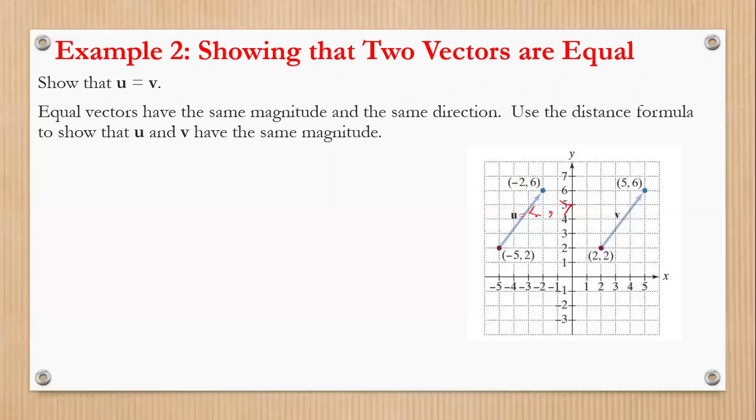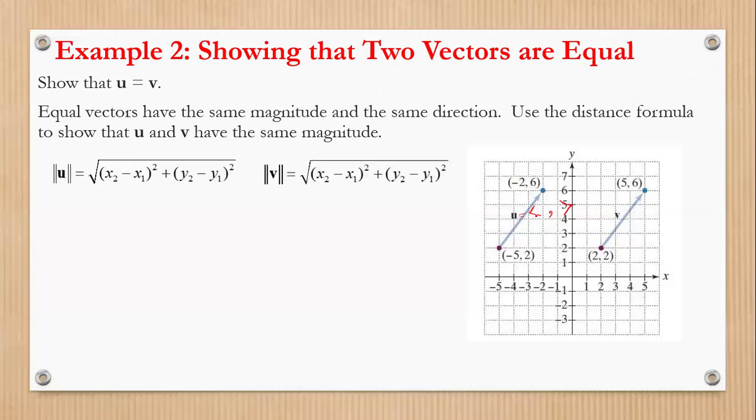Or we can do both of these steps at the same time by using the distance formula, because the distance formula is subtracting the initial from the terminal and then using the Pythagorean theorem at the same time. So what do we do? We just replace the numbers that we have for the initial and terminal for each of the vectors.